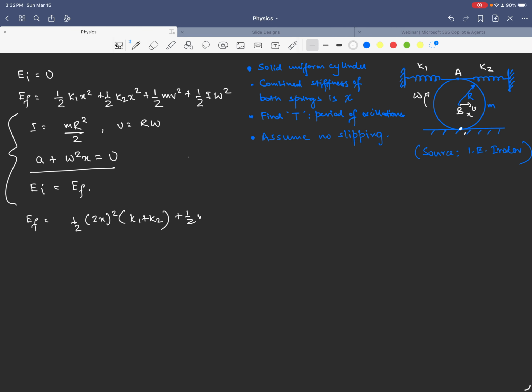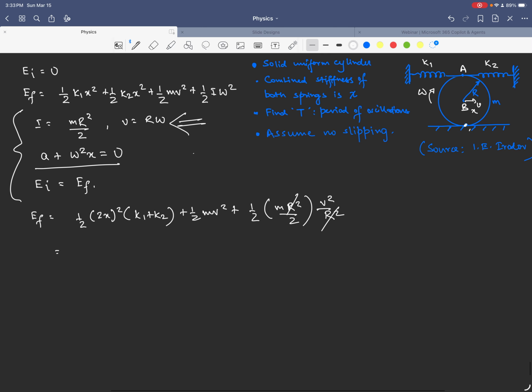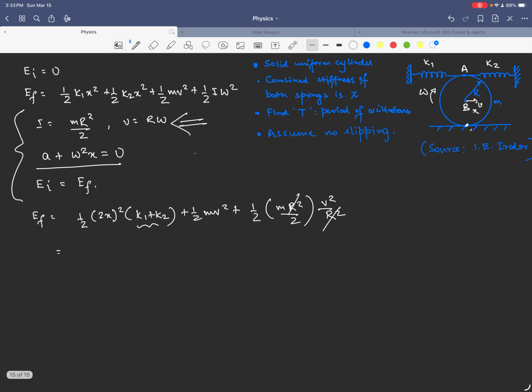I also know that the half mv squared terms remain. However, I can simplify the I omega square using these equations, where we say that I is mr squared by 2, and then the omega can be replaced by v square by r square, where the r square gets cancelled, which implies that, and I know that k1 plus k2 has been given as xi, right?